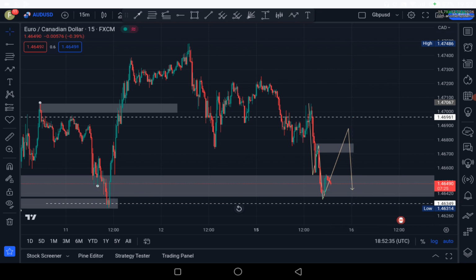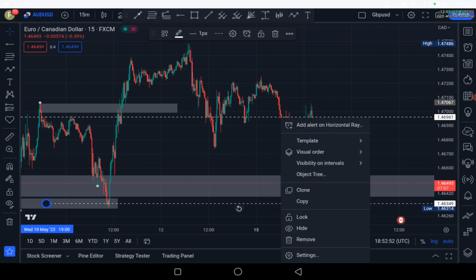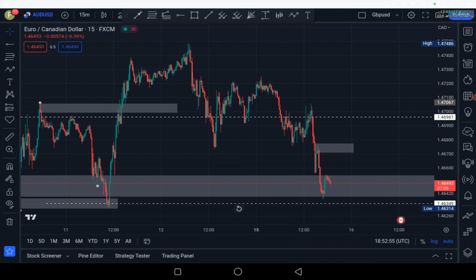So the best thing we need right now on EURCAD, if we still want to validate our long bias, is for this place to hold. This 1.46349 to hold.